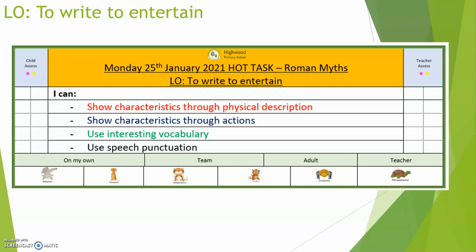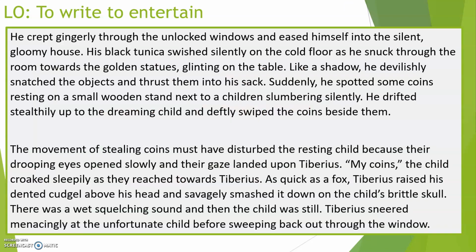So the last thing before I let you loose is I've just quickly written one of my sections to show you the quality we're after and how I've hit the success criteria. So very quickly, this is the bit where he is trying to steal money off other people to buy the oil to clean his hands. He crept gingerly through the unlocked windows and eased himself into the silent, gloomy house.